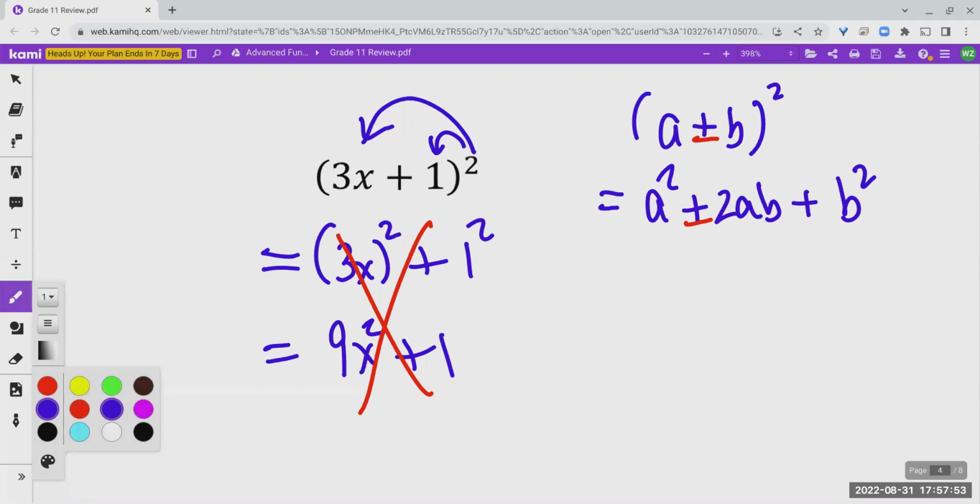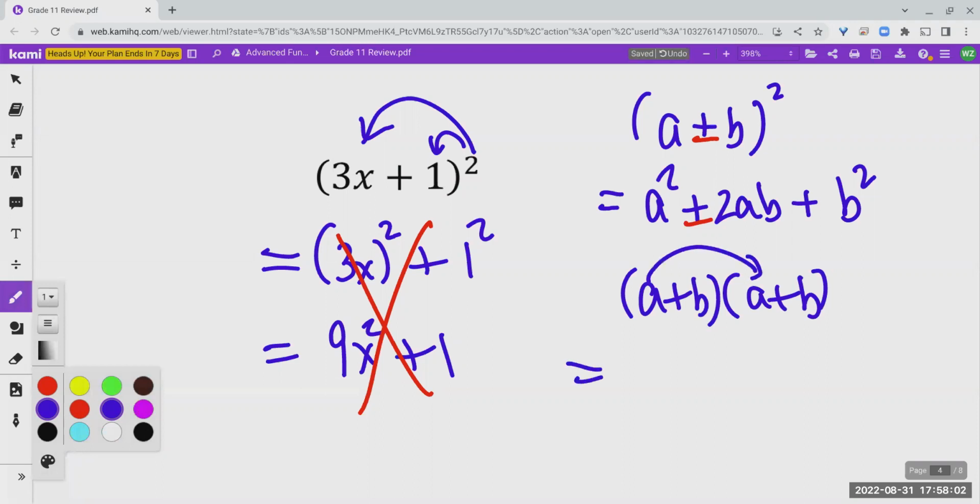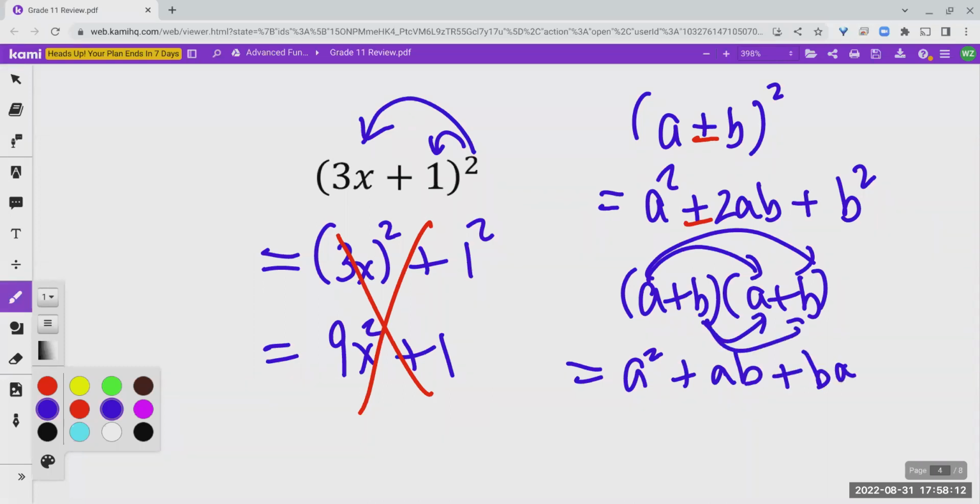Because guess what? (a + b) squared is just (a + b) times (a + b), right? That's what the square means. You multiply by yourself. Let's just FOIL this. So that's a squared, plus a times b on the inner, plus b times a, plus b times b, which is b squared.